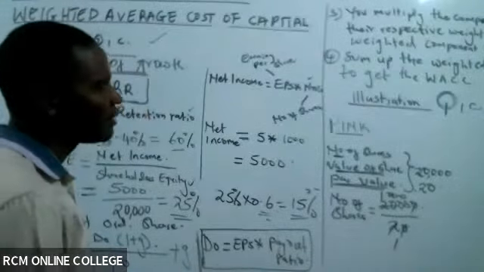I am given 2. So DO, our DO is equal to 5 times 0.4, which will give you 2 shillings.